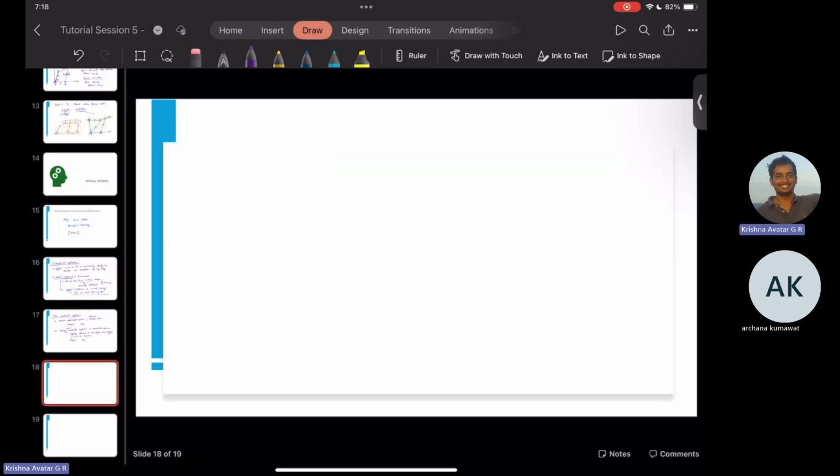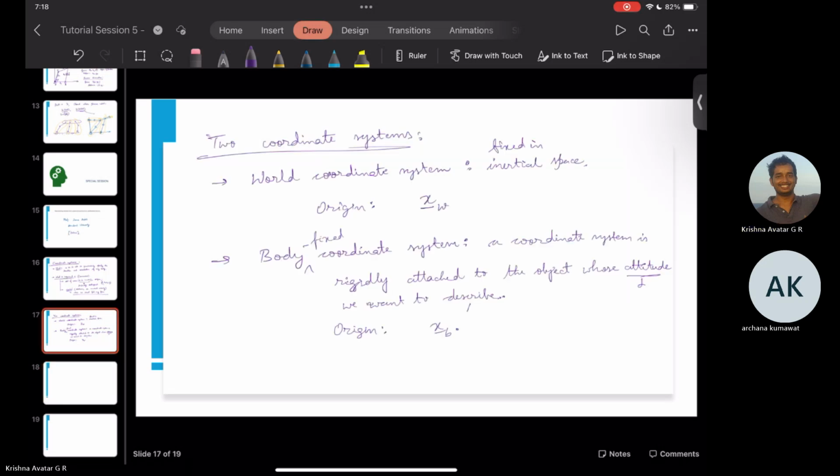And mind you, this is also in terms of the world coordinate system. That is how it is.